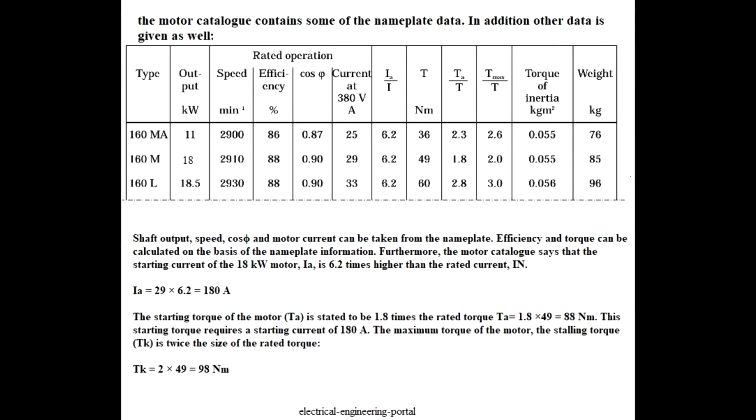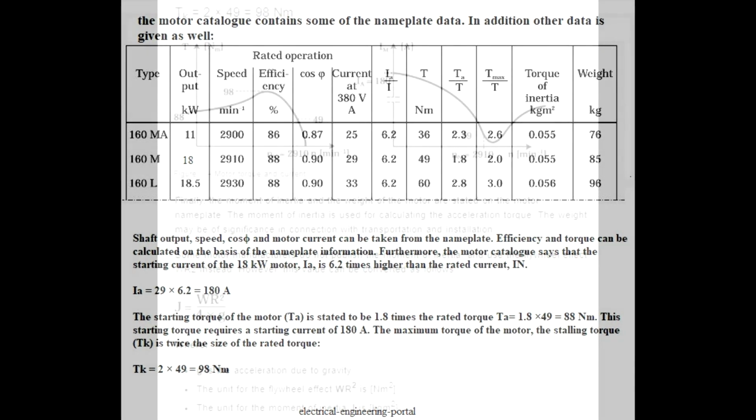This starting torque requires a starting current of 180 ampere. The maximum torque of the motor, the settling torque, is twice the size of the rated torque. Settling torque TK equals 2 into 49, which equals 98 Newton meter.